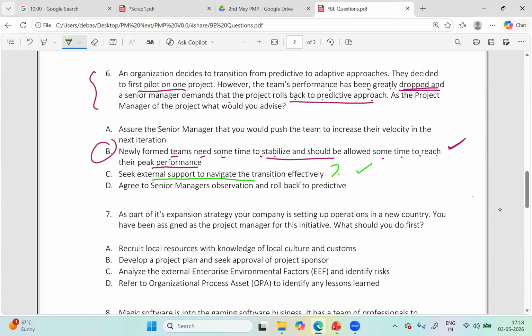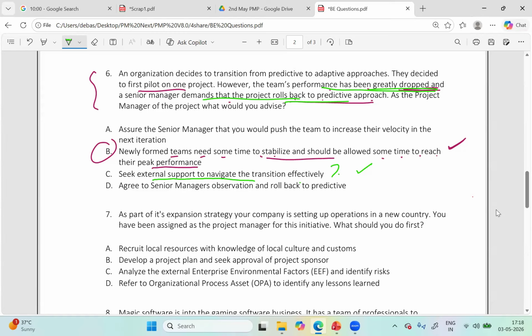Why? Look, you have to understand this way. C doesn't address the stance in the question. Let's go back to the question. What is the stance in the question? Productivity has dropped, so let us roll back. This is the stance of the question. Now, C is a good parallel suggestion for adoption, but C doesn't address that.